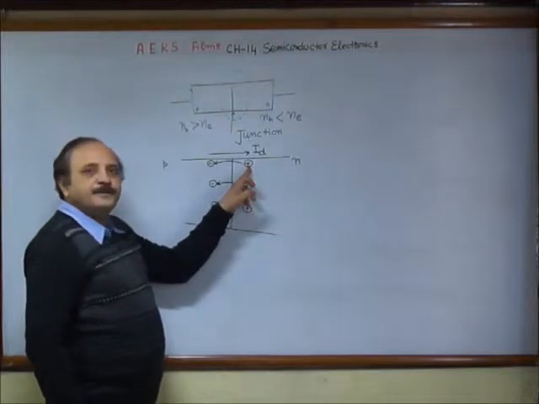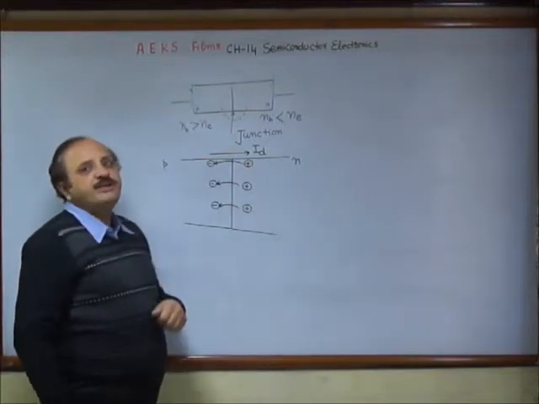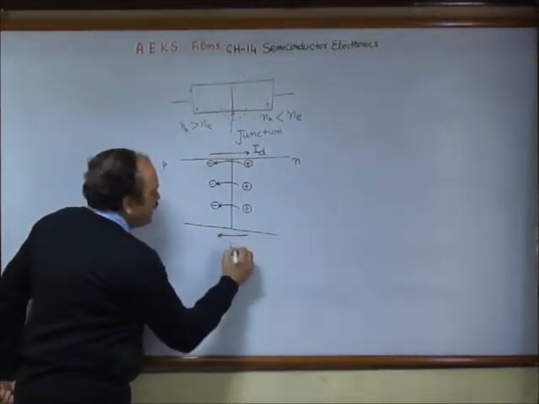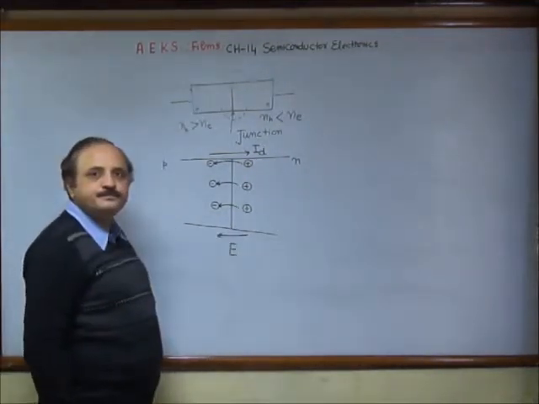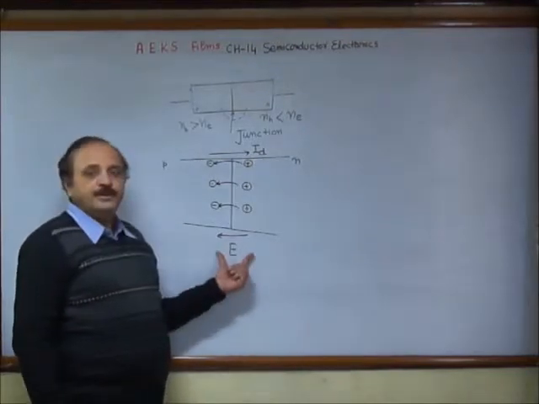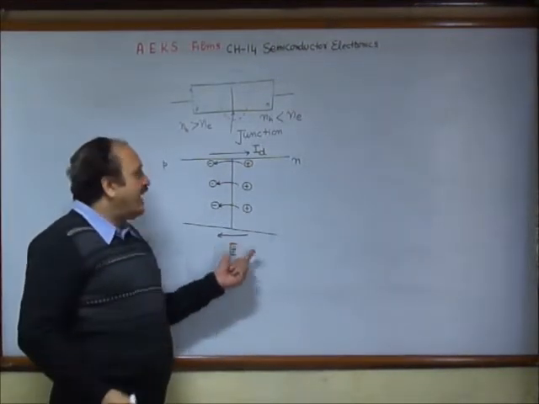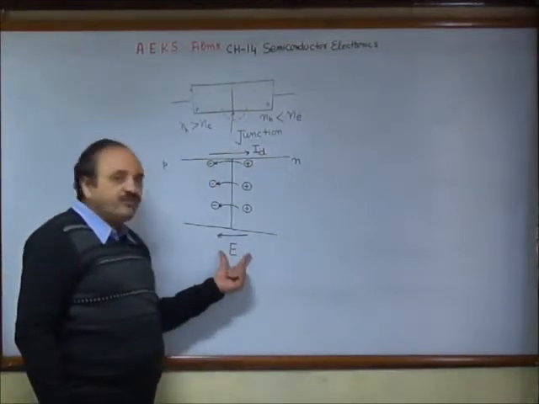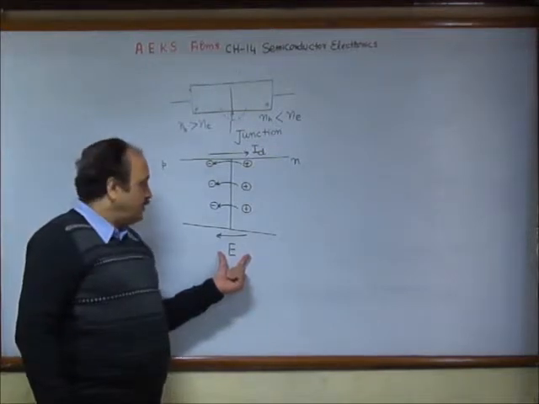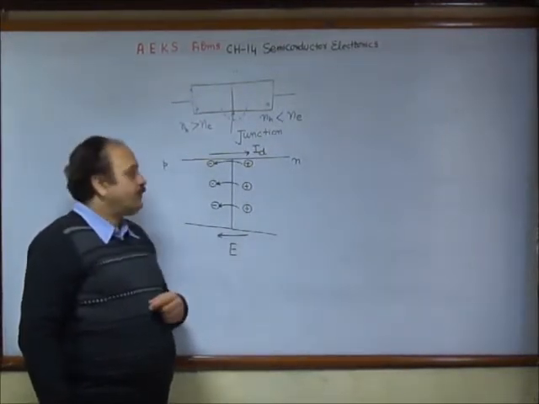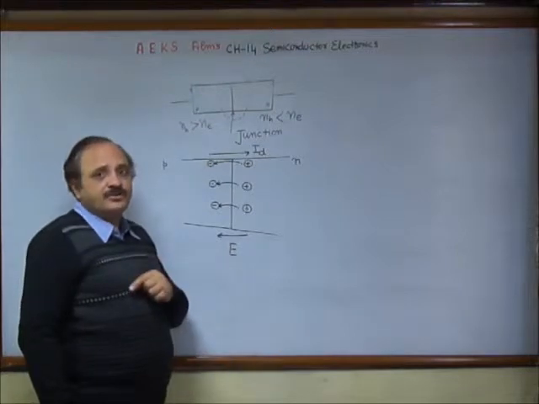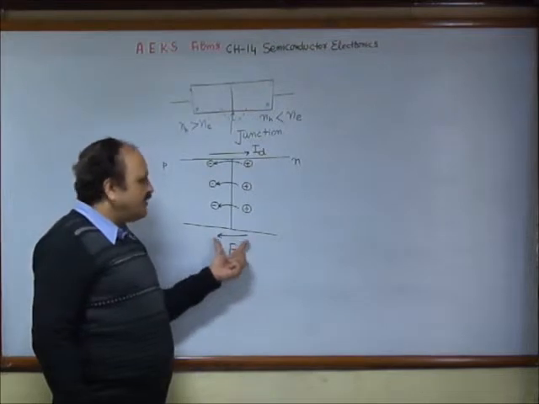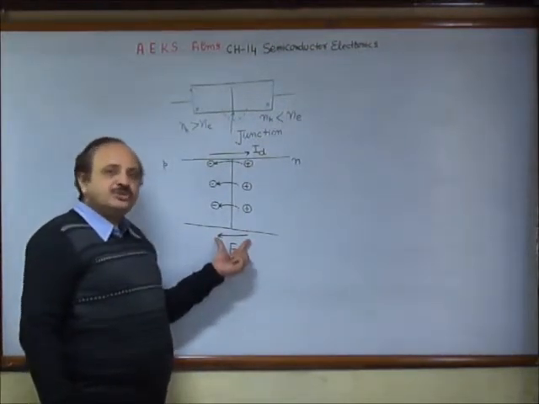This process develops an electric field in the direction from the N region to the P region. Now this electric field becomes stronger and stronger as the diffusion process goes on. This electric field starts another process, and that is the drift of the electrons from the P region to the N region, because electrons always move in the direction opposite to the electric field.